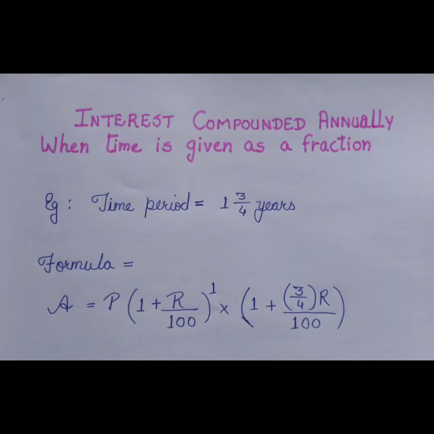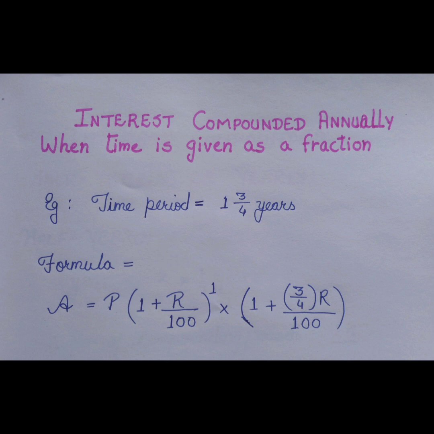The next pattern, where interest is compounded annually when time is given as a fraction. So when time is given in fraction, for example, if I take 3 upon 4 years, then the formula to calculate it will be A is equal to P in bracket 1 plus R upon 100 to the power 1, and into again in brackets 1 plus 3 by 4 R upon 100, and we'll close the bracket.